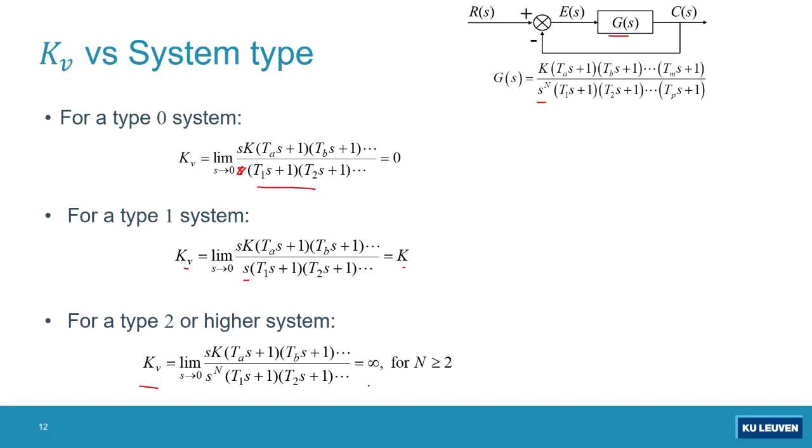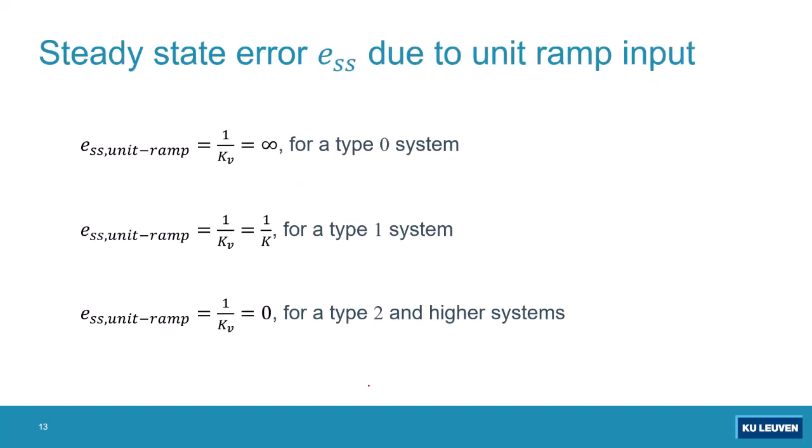Now, how will this affect the steady state error because of unit ramp input? We have already discussed in the previous slide that steady state error of a unity feedback system when a unit ramp input is given is inversely proportional to the static velocity error constant. Therefore, since the static velocity error constant of a type 0 system is equal to 0, the steady state error because of unit ramp input will be equal to infinite for type 0 system.